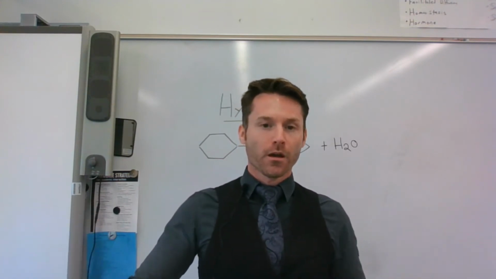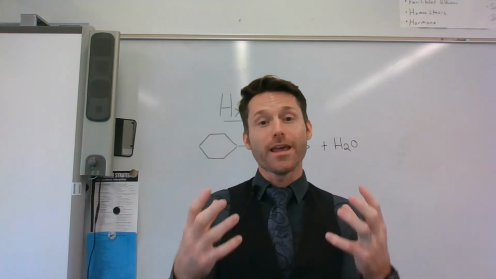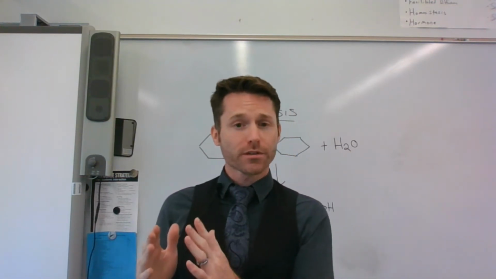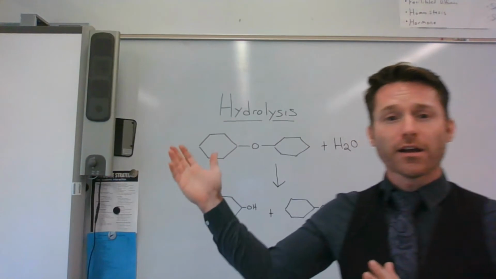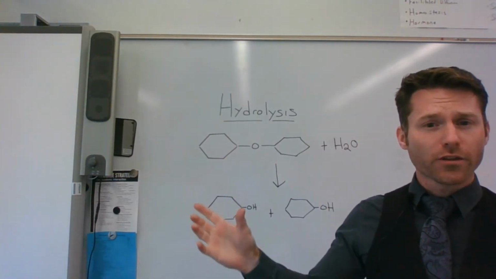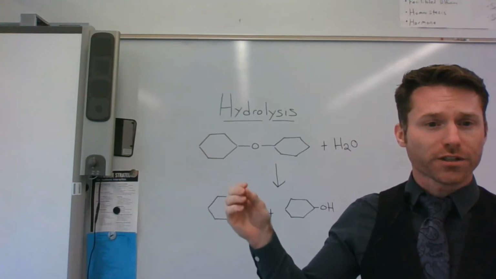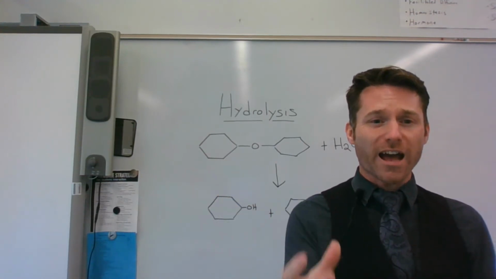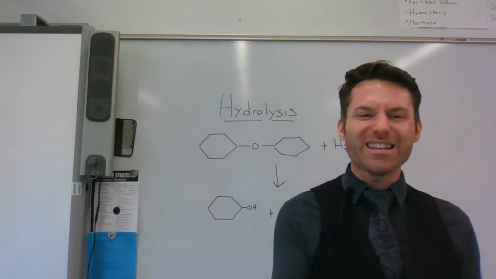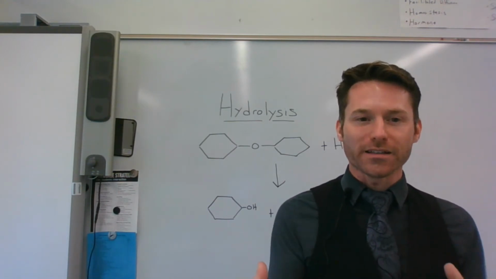Right? So the way that we take a polymer and break it back down into monomers is through a process called hydrolysis. Okay. And now if you break down the word hydrolysis into its components, the prefix hydro refers to water, and the suffix lysis means to split. Right?